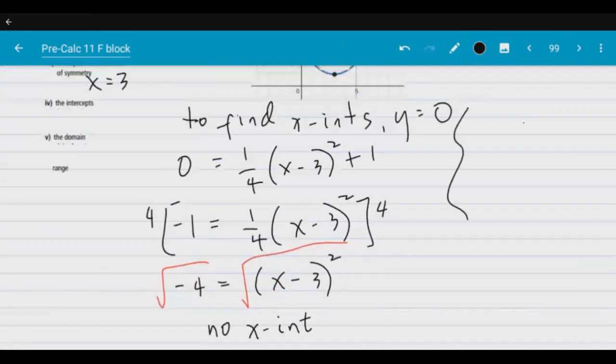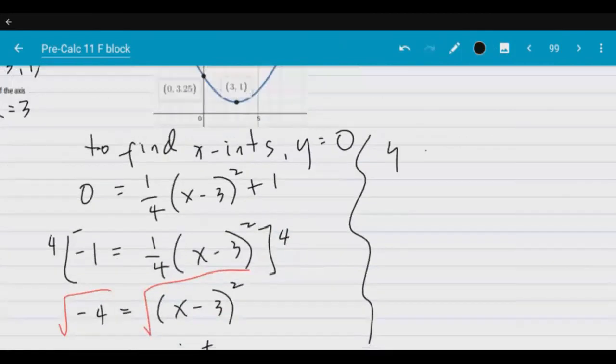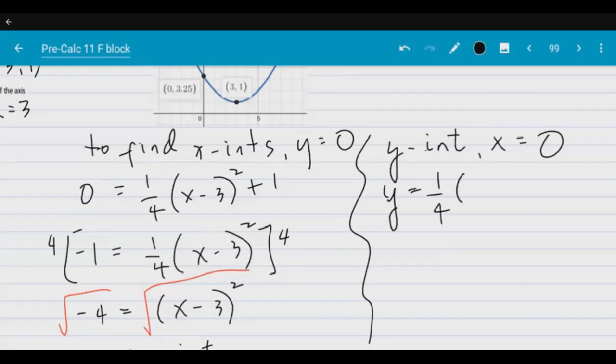What about the y-intercept? To find the y-intercept, make the x equal 0 because the y-intercept is defined as that point where the graph crosses the y-axis, and when that happens, the x value is 0. So that means y equals 1/4 times x minus 3 squared plus 1. We already know that the x is going to be replaced by 0. It becomes 0 minus 3 squared plus 1. Y equals 1/4 times negative 3 squared plus 1.